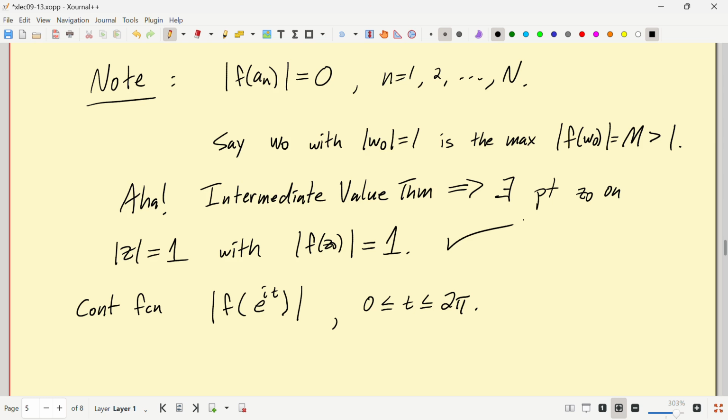That makes sense? So there's lots of exam type questions you can make of asking where an analytic function is maximum, and you know the maximum occurs on the boundary, and usually the functions are easier to evaluate on the boundary because you can do things like that.